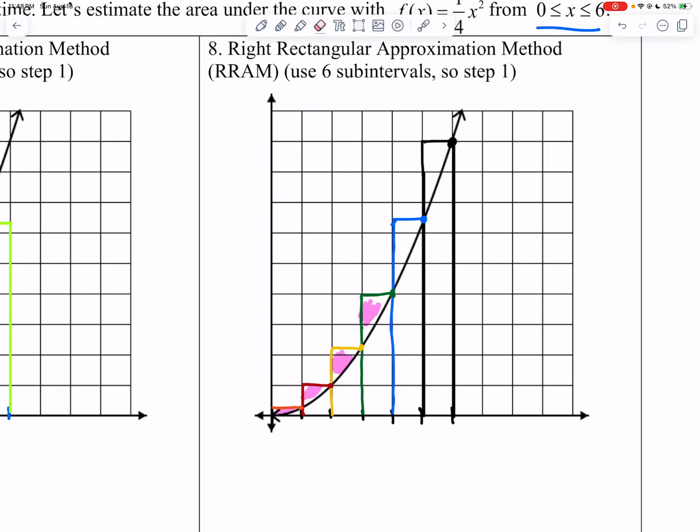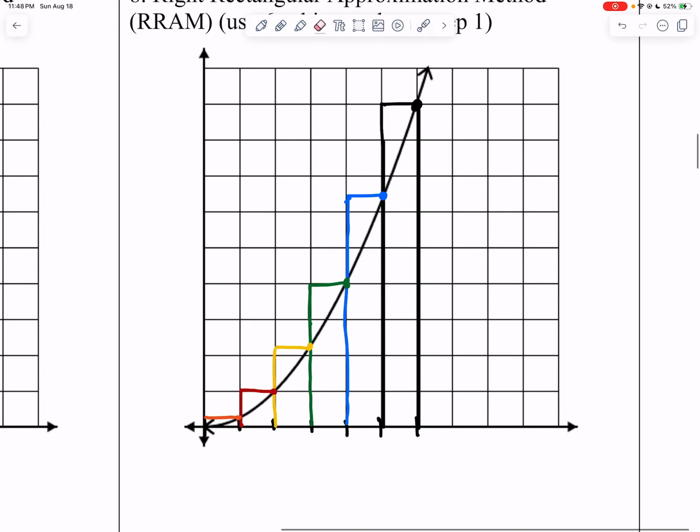All right, so at this point, what we're going to do is go ahead and guesstimate what this is by counting my squares. So I'm going to have 1, 2, 3, 4, 5, 6, 7, 8, 9, 10, 11, 12, 13, 14, 15, 16, 17, 18, 19, 20, 21, 22. And then we have some leftovers.